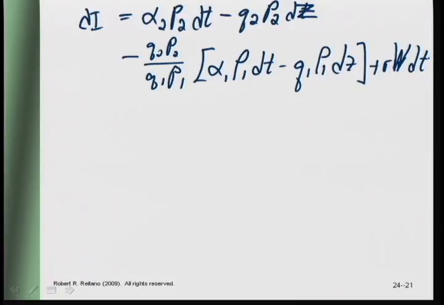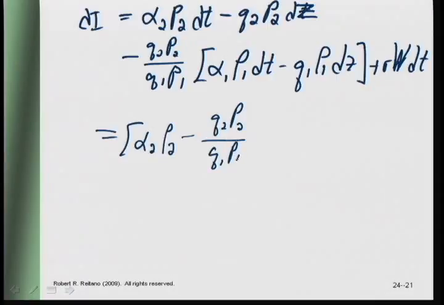I can then multiply it all out, and what I get is alpha 2 P2 minus Q2 P2 over Q1 P1 times P1.